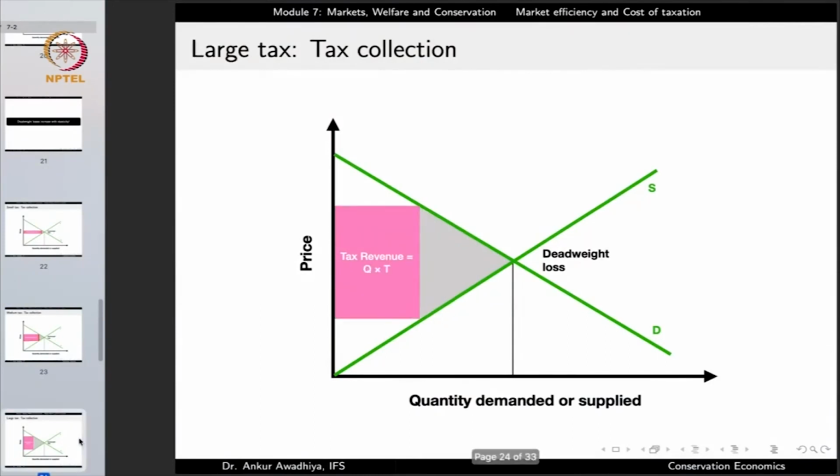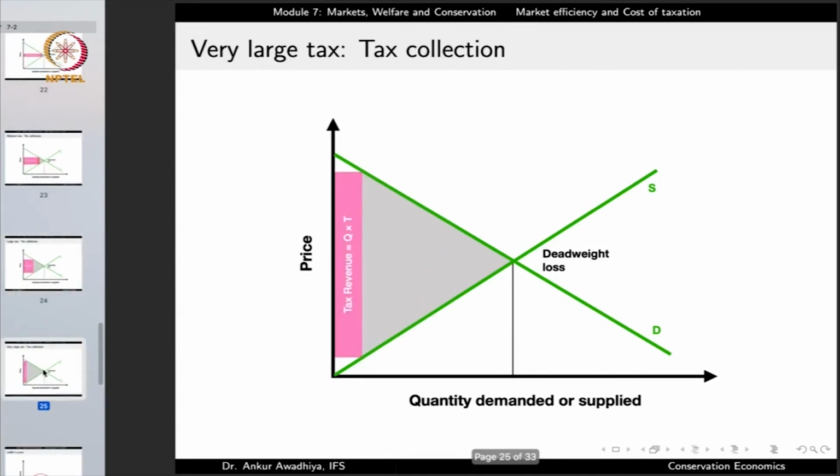Now, if the tax increases even further, then we'll have a situation like this. So now T has increased even more, Q has reduced even more, and the quantum of tax collected is now given by the area of this pink colored rectangle. Now, what will happen if T is increased even further? So now the tax size is very large, the quantity that is bought and sold is very small.